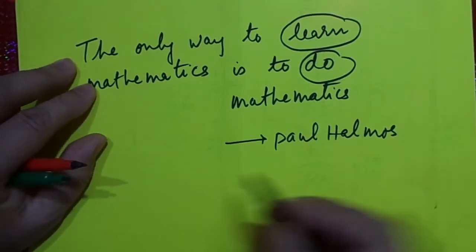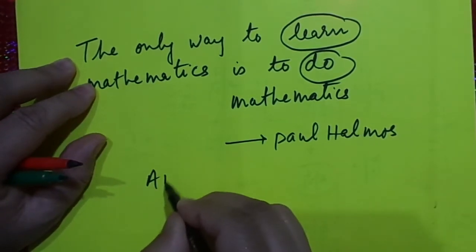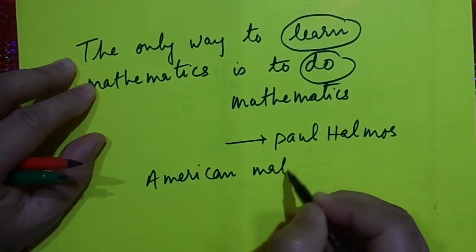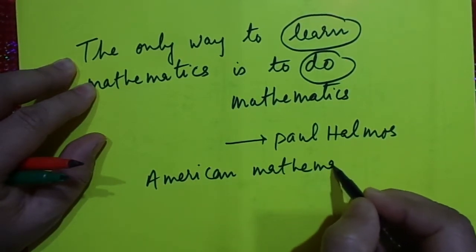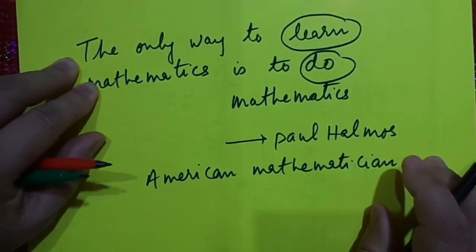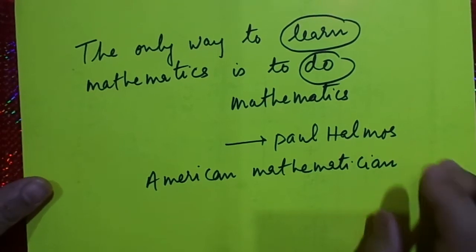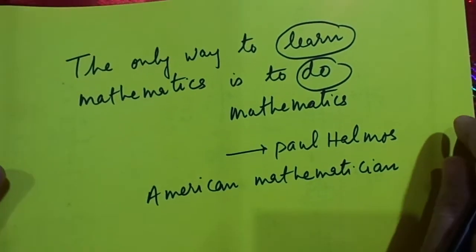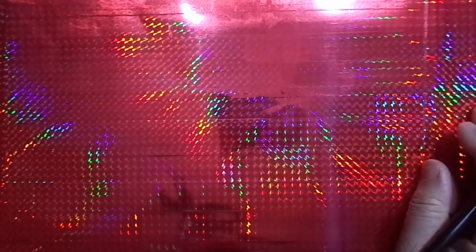He was an American mathematician who made fundamental advances in the areas of mathematical logic, probability, statistics, functional analysis, and many more, which, as you grow up, will come along.